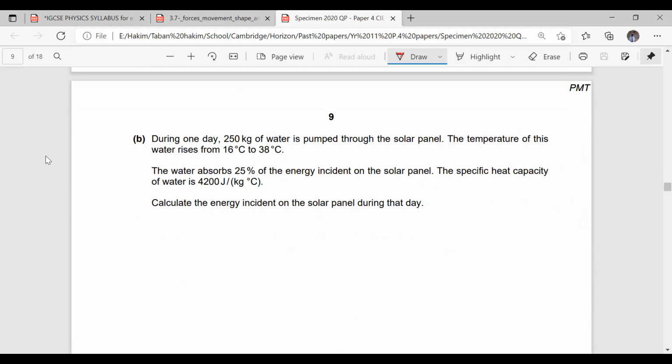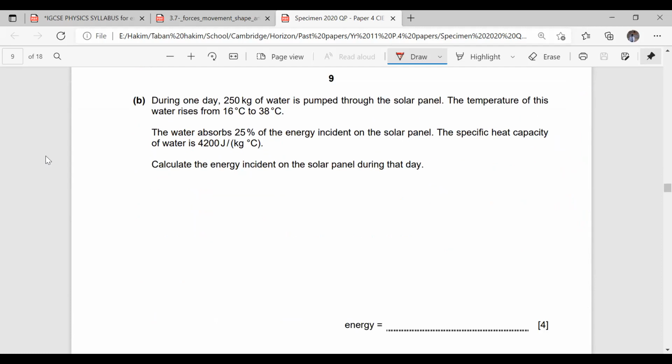The water absorbs 25% of the energy incident on the solar panel. The specific heat capacity of water is 4,200 joules per kilogram per degree Celsius. Calculate the energy incident on the solar panel during that day. So you can hear the words heat capacities, and this is where they are coming in.